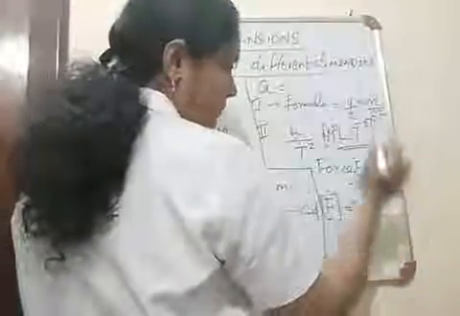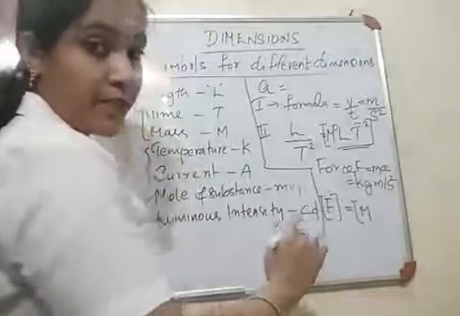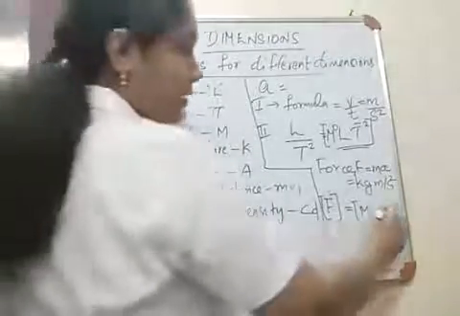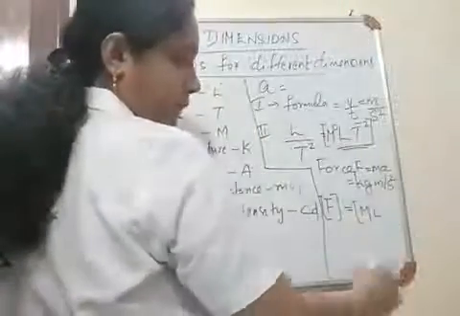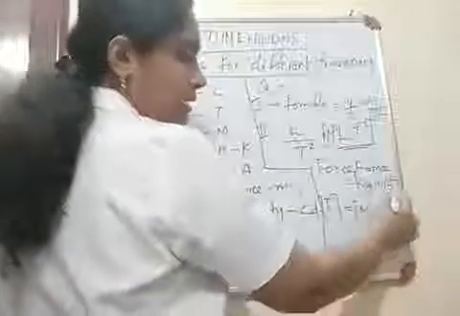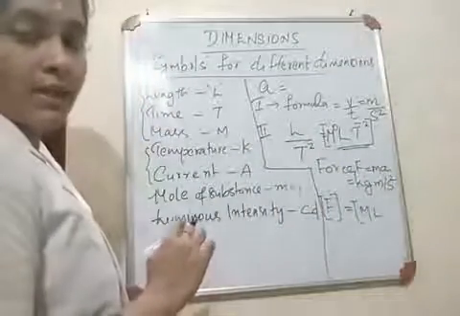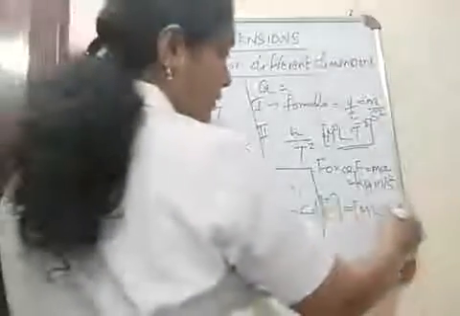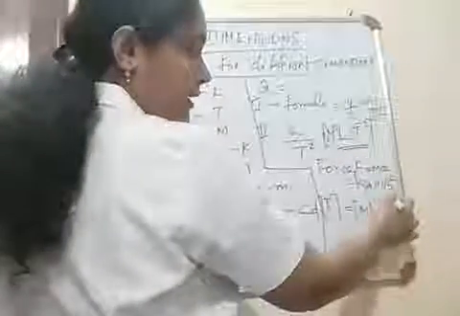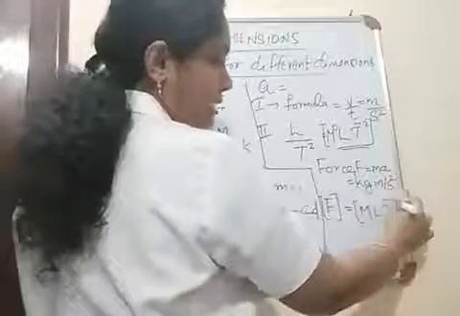So M, then meter per second square. Meter, what is the dimension for meter? Meter means something related to length, so its dimension will be L. By second square means second raised to minus 2. And what is the dimension corresponding to second or time? It will be T. Since it is in the denominator, it is T square. When we bring it to the numerator, it will be minus 2.